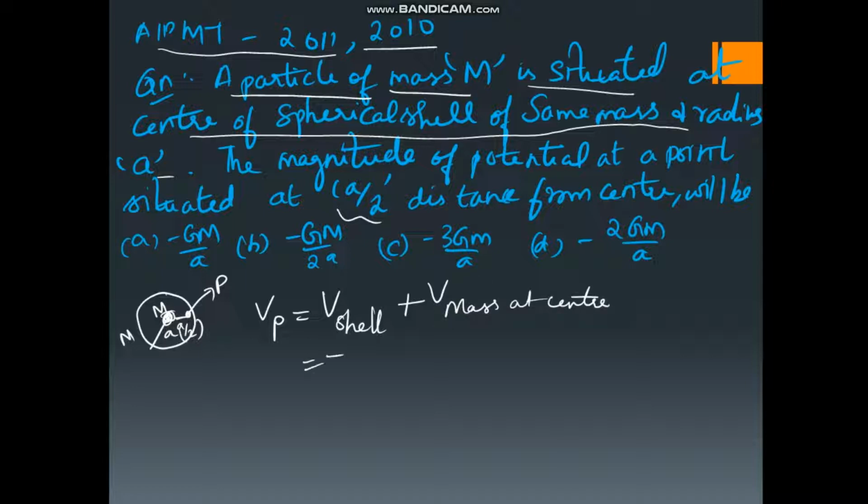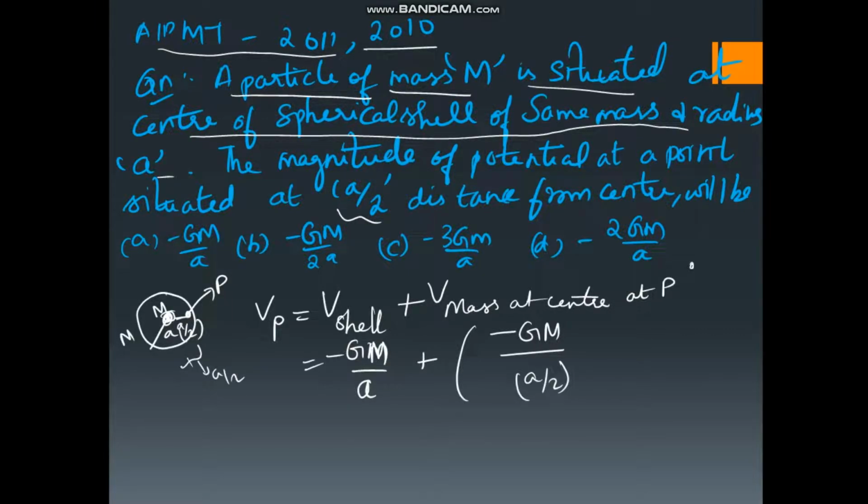So the potential due to the spherical shell is minus GM by its radius a, plus the potential due to the mass at the center at P, which is minus G into the same mass m divided by the distance between the mass kept at the center and point P, which is a by 2. So a by 2 is the distance between P and the center, which gives minus 3GM by a. So C option is the right answer.